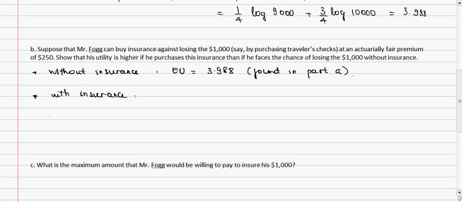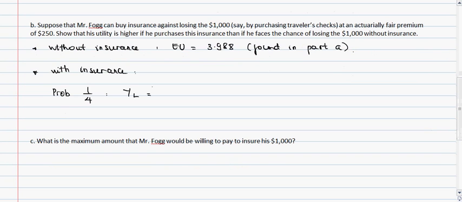So in the case of loss, with a probability of 1/4, the income for the consumer is going to be $10,000 minus $1,000 of loss. However, he's going to get $1,000 back from the insurance company, and he will have to pay $250 for the insurance. So his income is going to be 9,750.